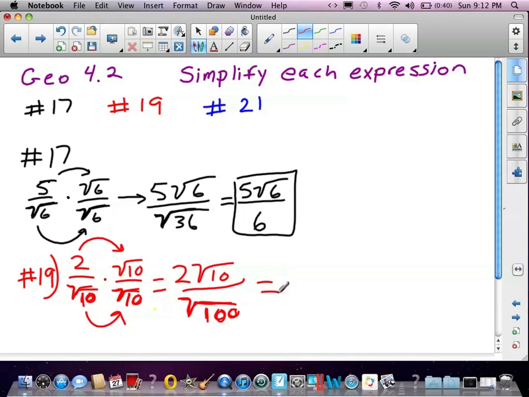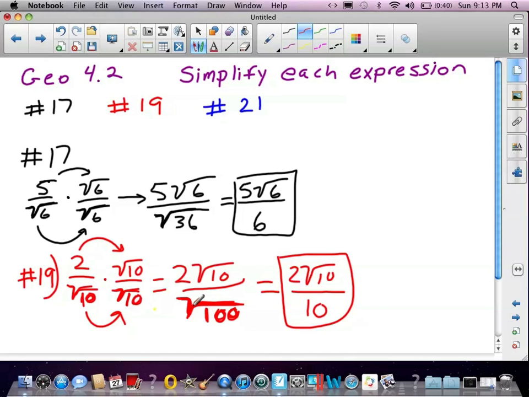So now I can simplify this further: 2 times the square root of 10, and the square root of 100 does have a perfect square. I can say over 10, because 10 times 10 is 100. And now I have simplified my fraction because I've removed the square root, or the radical expression, from the denominator position.